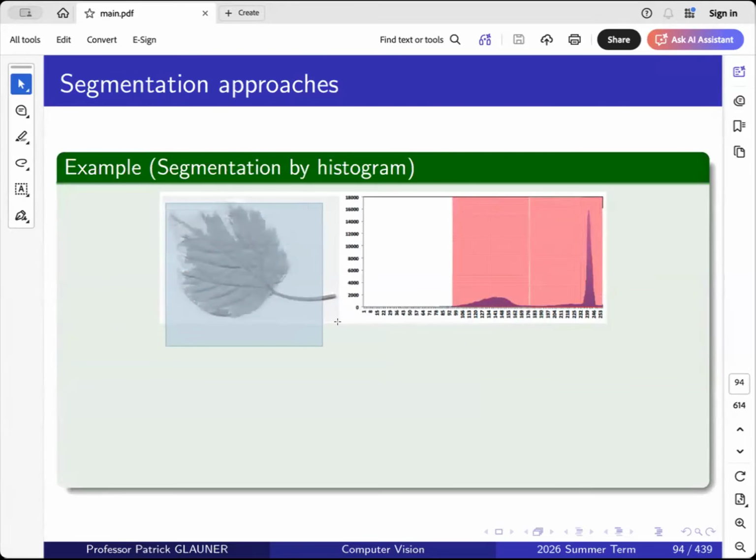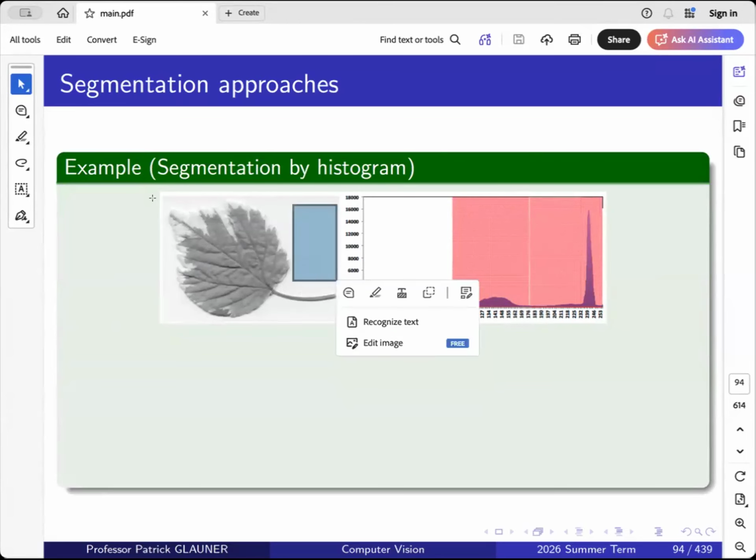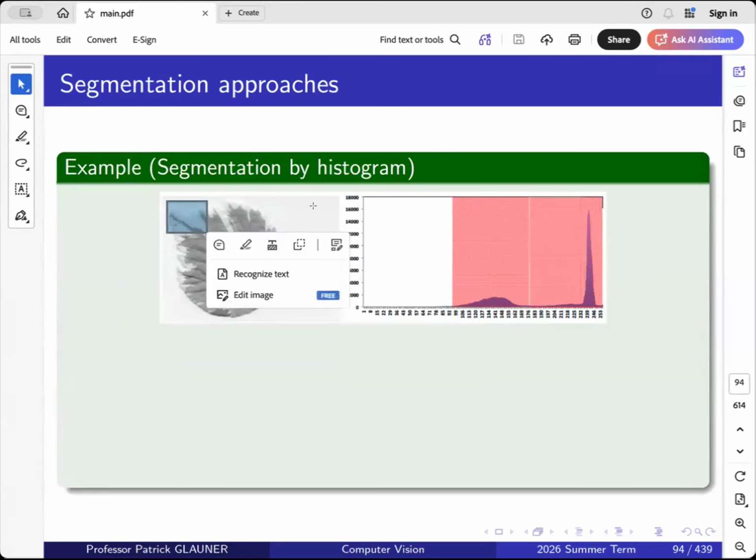So we have this leaf here, it's a grayscale image, and we see there are not really many pixels that are totally black, not much. But we see there are quite some pixels that are relatively bright, which is the background, and probably the outer area of the leaf. They are not perfectly white, but relatively bright, which means we have a peak here, where there are a lot of pixels somewhere between 235 and 245.